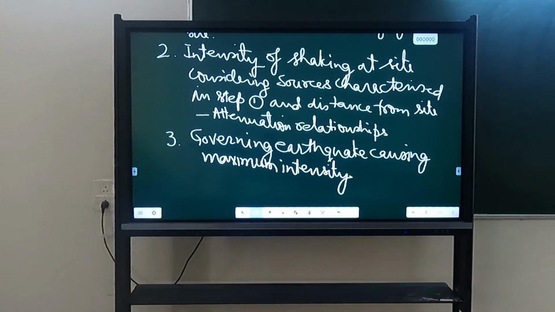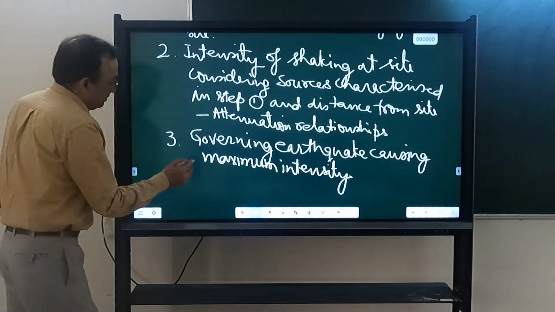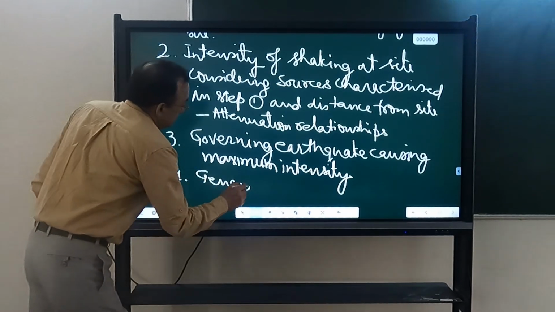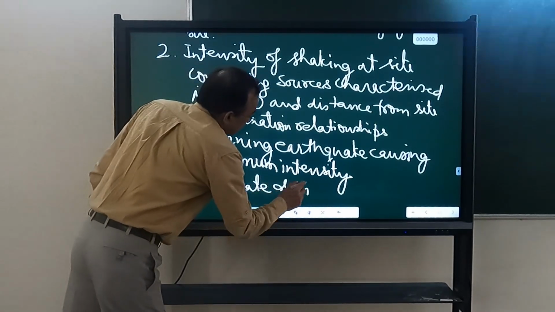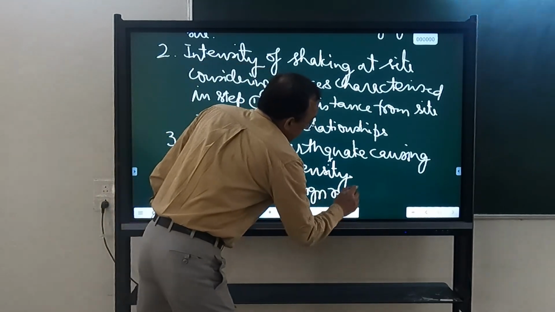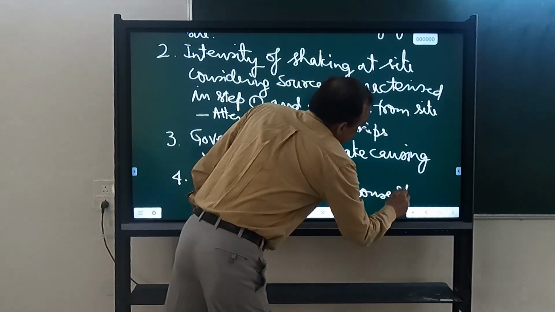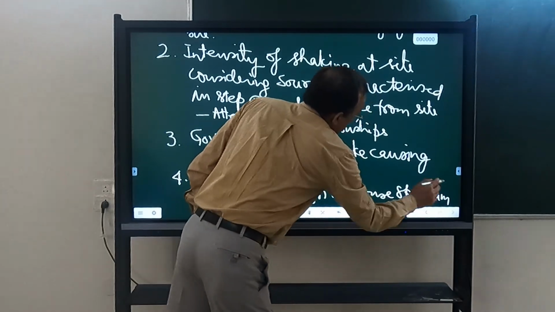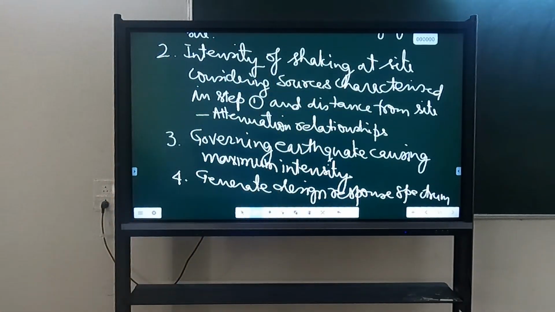So that source which is giving maximum intensity at my site, that condition I will consider, and then I will generate design responses. So these are the different steps which we have to follow.